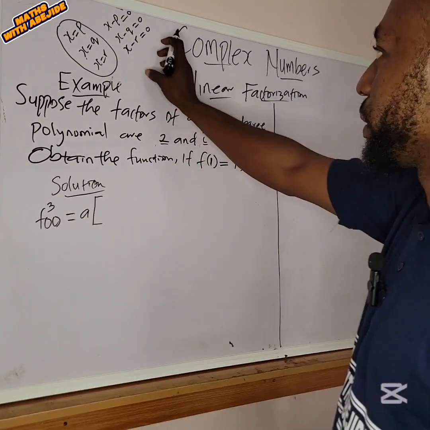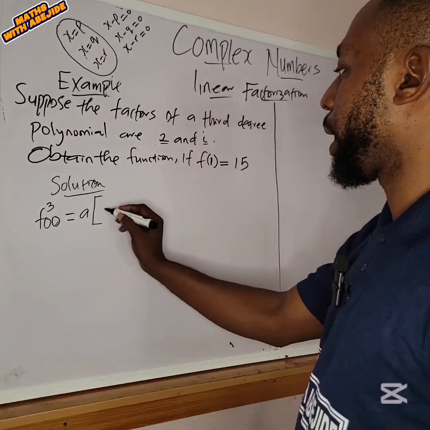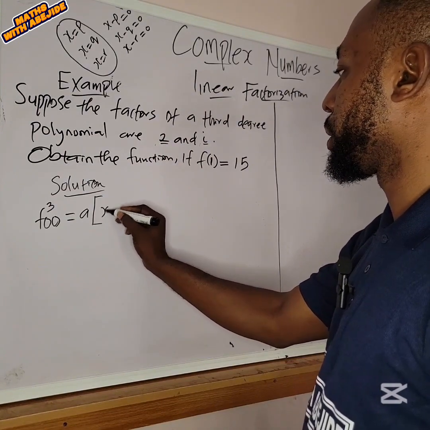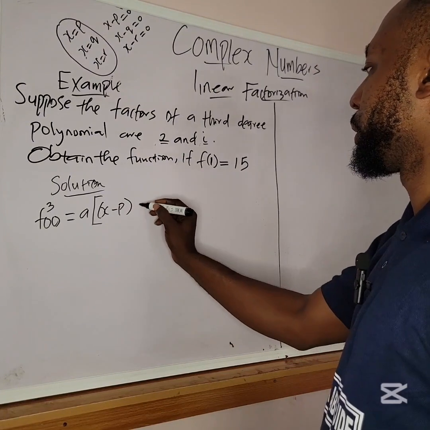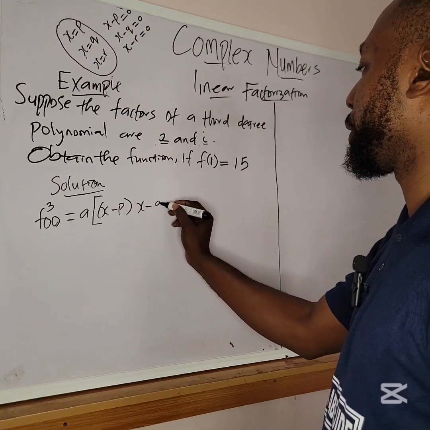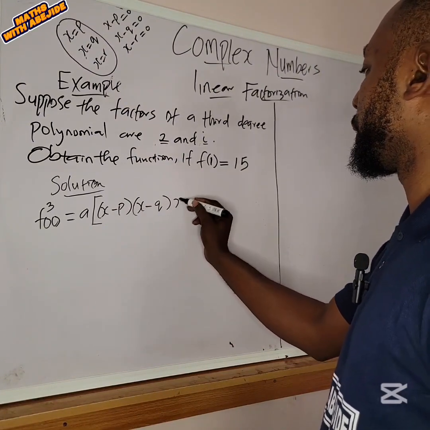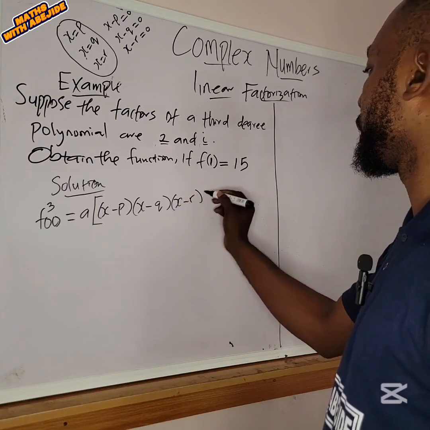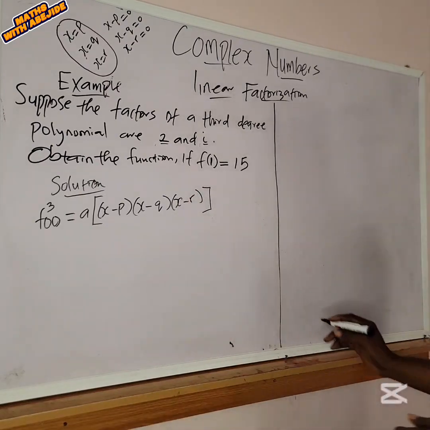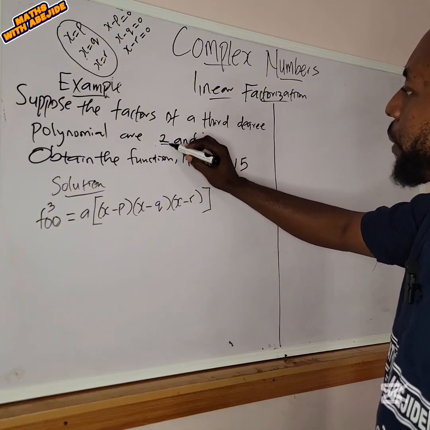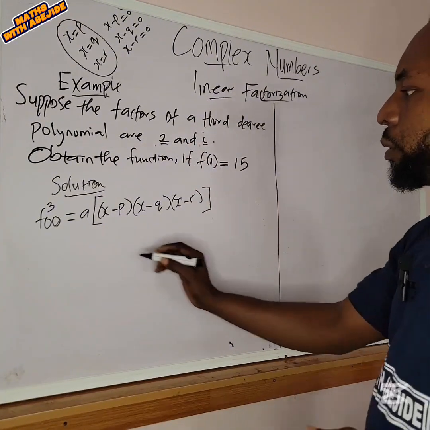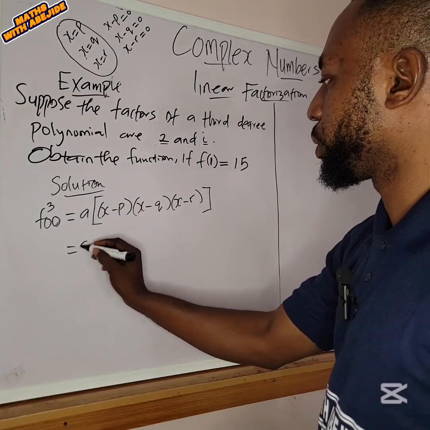Okay, so we can insert all the zeros here and multiply them out. x minus p is the first zero, then x minus q, then x minus r. Given from the question that the first factor is 2, we can have this equal to a.